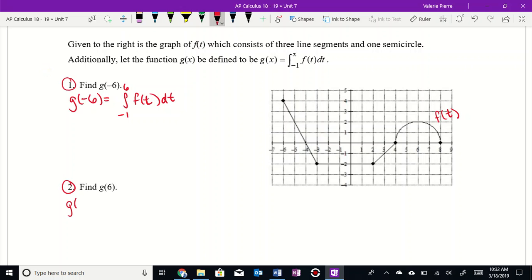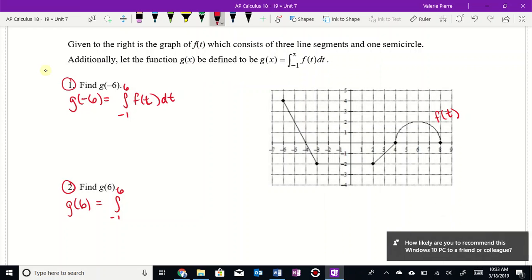And similarly, g of 6 is equal to the definite integral from -1 to 6. Be careful with number 1 because this definite integral needs to be flipped.